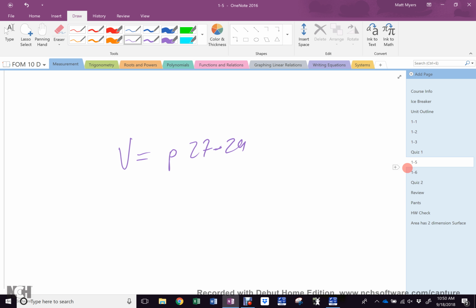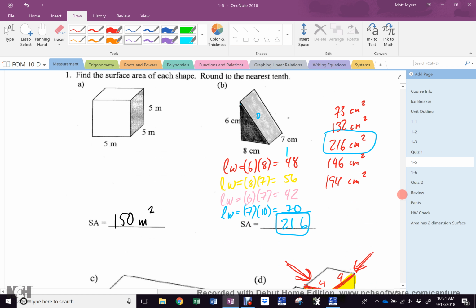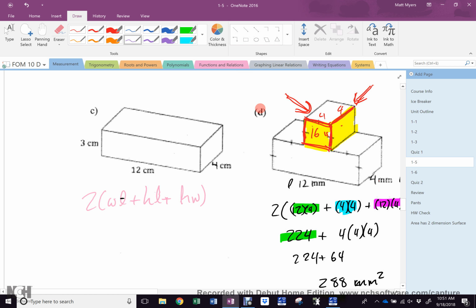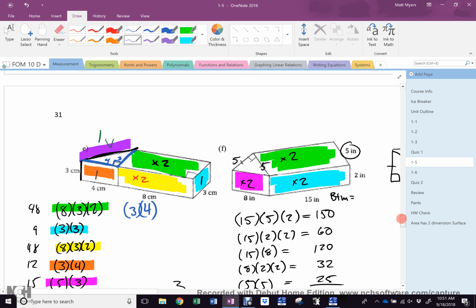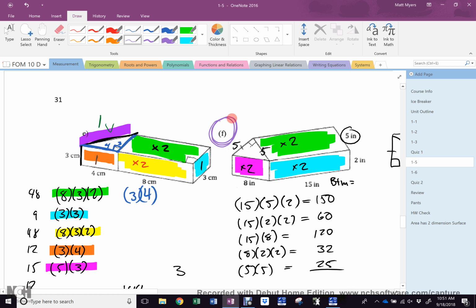So that's only 4 volumes, right? And then I want you to attempt the volume of D and the volume of F. I am asking you to do 6 questions for homework. I do not think that is a lot. Is everybody good? 4 questions on 27 to 29 and D and F. Everybody cool?